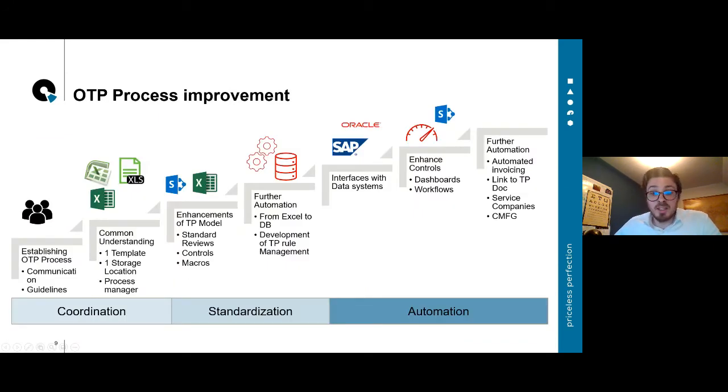So, a lot of text, I will not bother you with everything, but I think it's immediately recognizable that there are three stages here. I think in general those are good stages to think of if you want to move to any kind of automation, or for any kind of financial process.